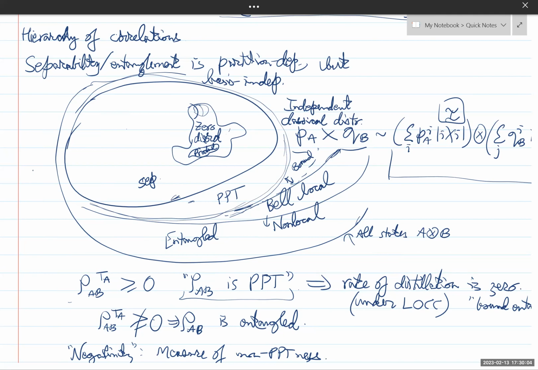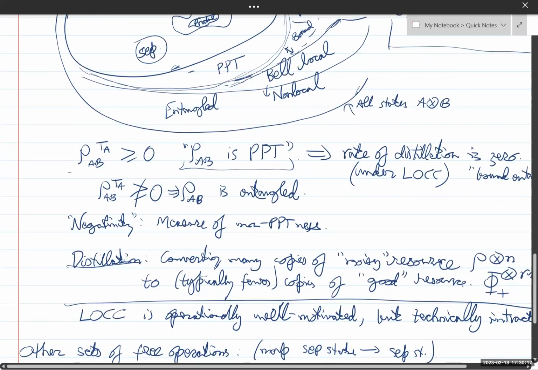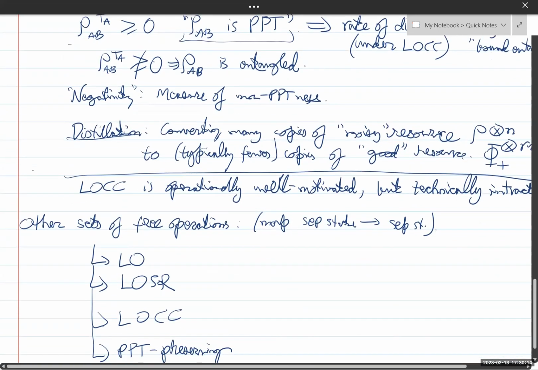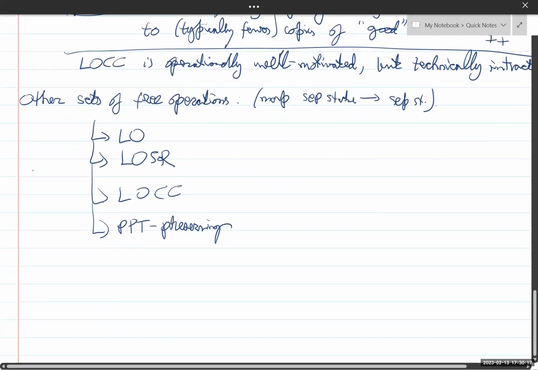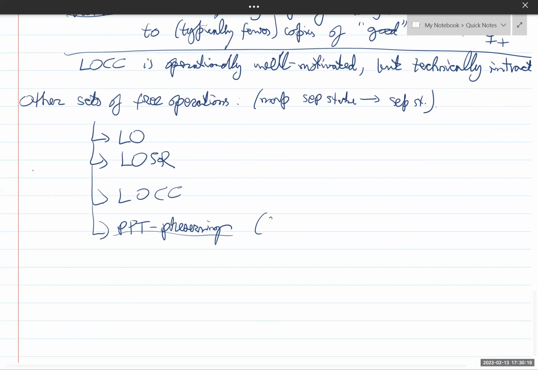So essentially, you're expanding the set of free states a little bit, relaxed to PPT.